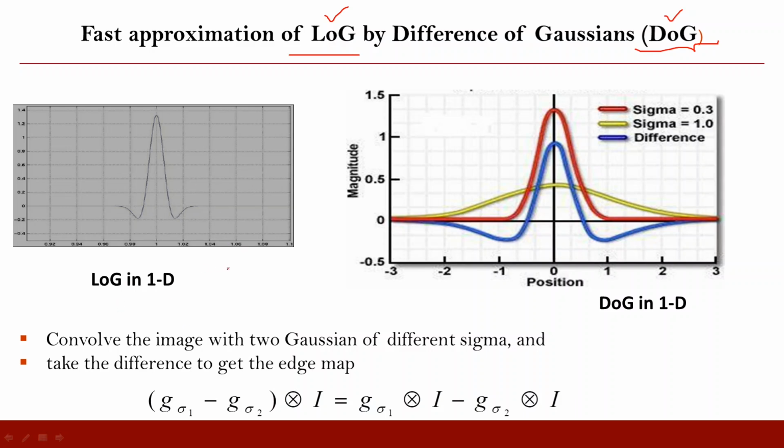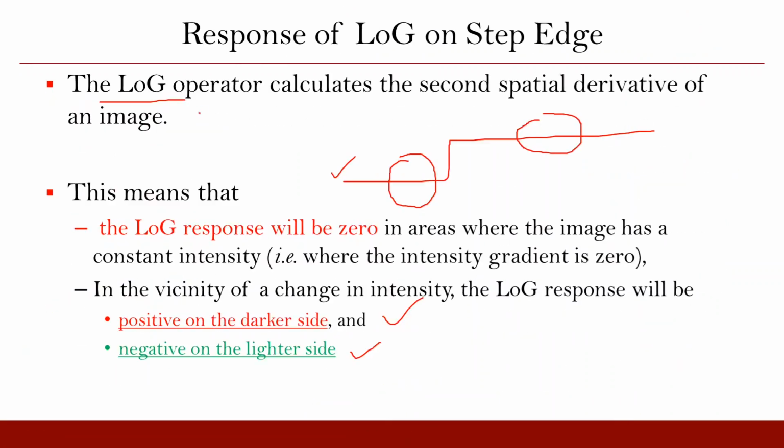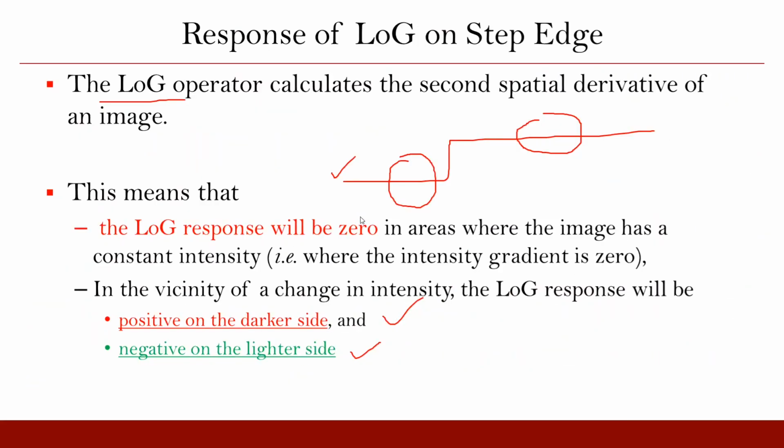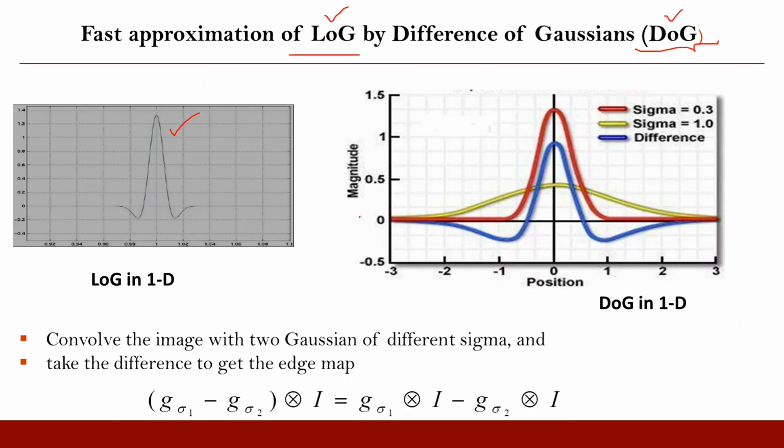If you remember from the previous slide, our LoG operator was like this. Only this time I have just inverted the peak. Earlier the peak was downward, towards negative, but here the peak is up. That is the only difference, otherwise they are the same.